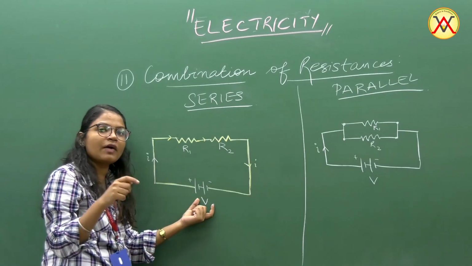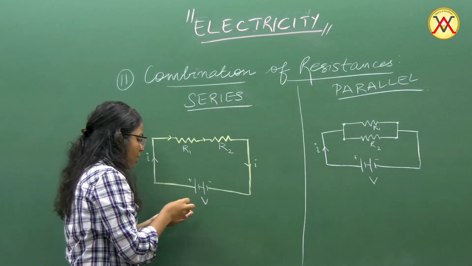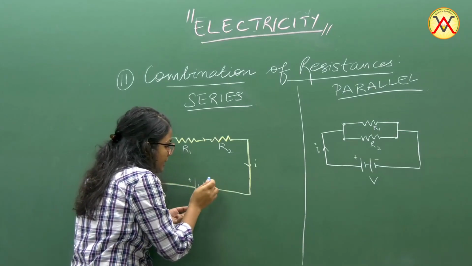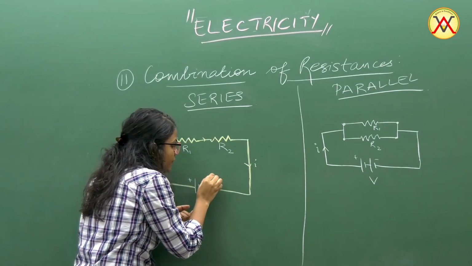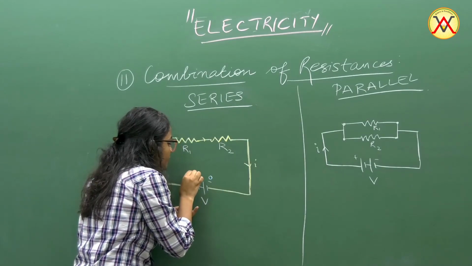Since our battery is providing the potential difference, can we say that the negative terminal is at 0 and the positive is at V?